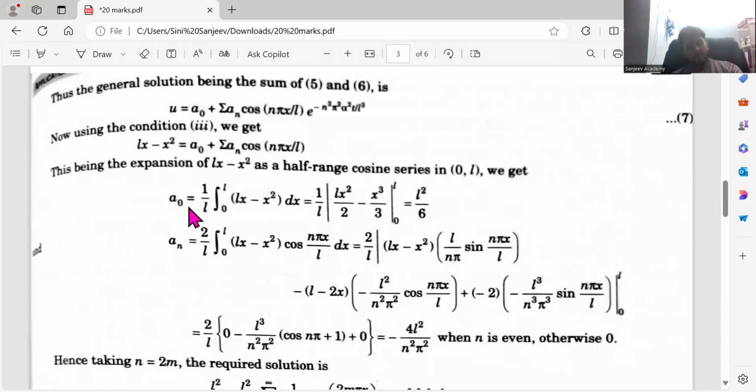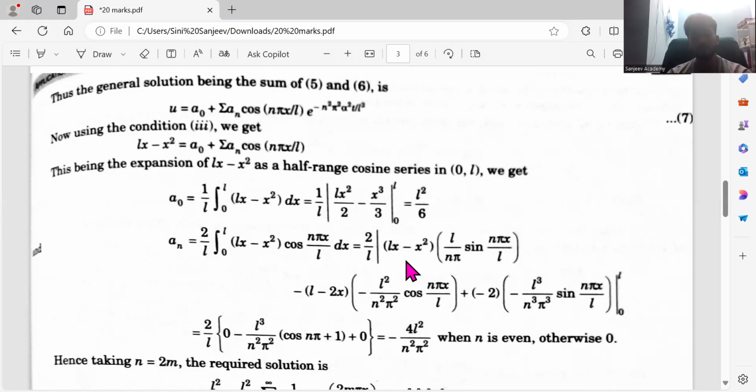And a n is equal to 2 by L, integral 0 to L, Lx minus x square cos n pi x by L. So this again I have to apply by parts or Bernoulli's rule: first function into integral of second function, minus differentiation of the first function into double integral of the second function, plus triple differentiation of the first function into triple integration of the second function.